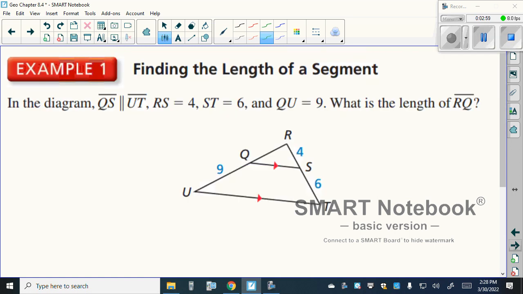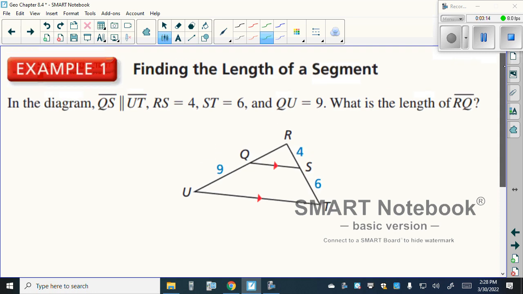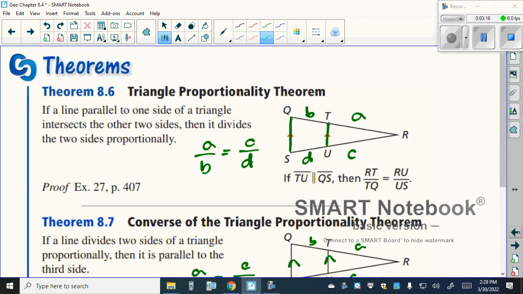If we look at this first example problem here, in the diagram, QS and UT are parallel. So that means our side lengths are going to be proportional. Yes, sir. Those are the theorems for Chapter 8, so they go 1 through however many.